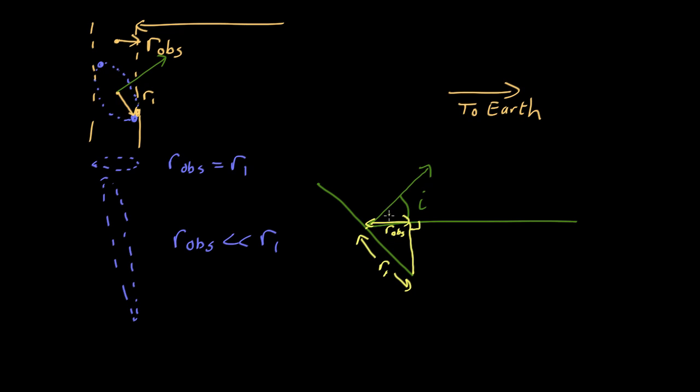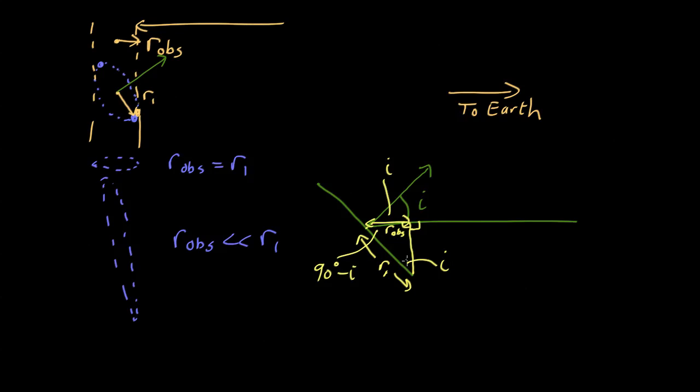Now if we know this angle here is I, this angle there must be 90 degrees minus I. That's 90. The angles inside a triangle add up to 180. So this must be 180 minus 90 minus (90 minus I). So that must also be I.